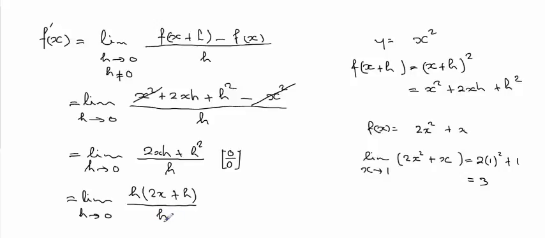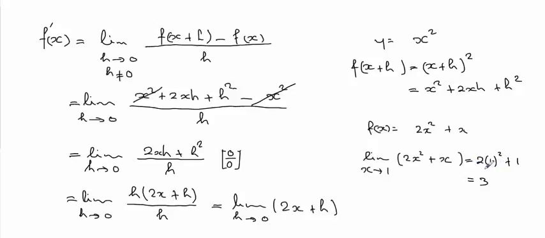Now when we've factorized like this, remember h is not equal to 0, so this is h over h, that will give us a 1. Then you end up calculating the limit as h is approaching 0 of 2x plus h. So when we landed on this one, we get a kind of polynomial which depends on h, which is defined everywhere.